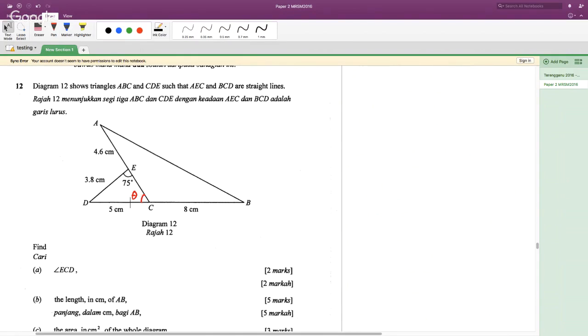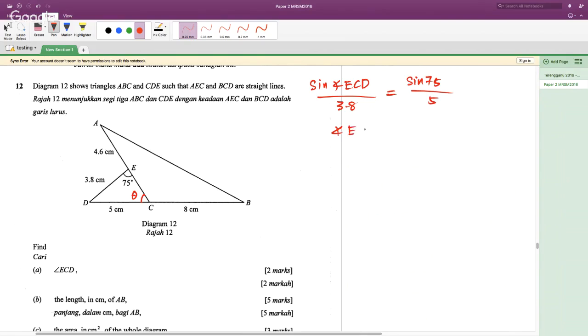It's just the sine rule, nothing special. So sine of angle ECD over the opposite length, which is 3.8, equals sine 75 degrees over the opposite length, which is 5. Just solve this one.